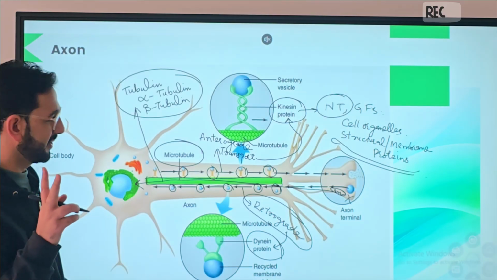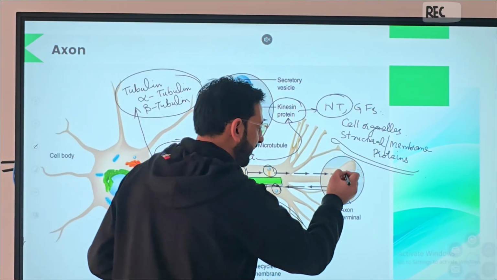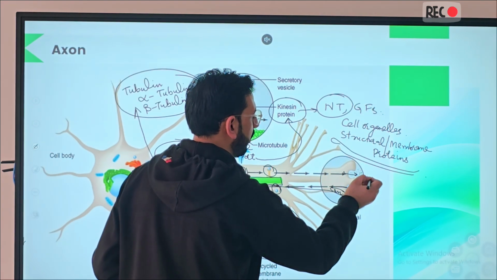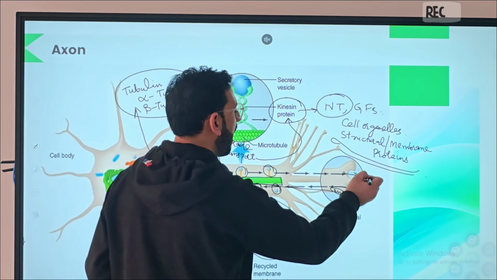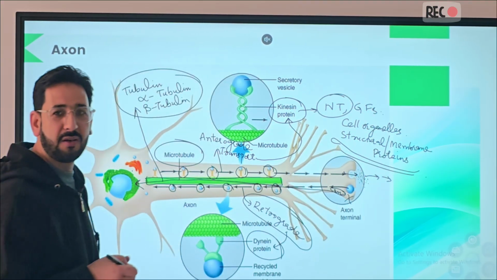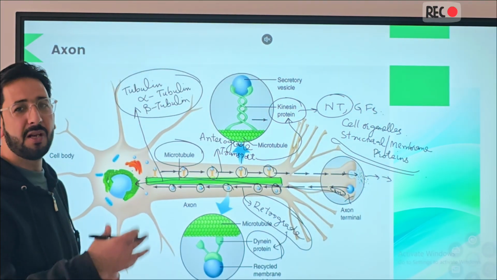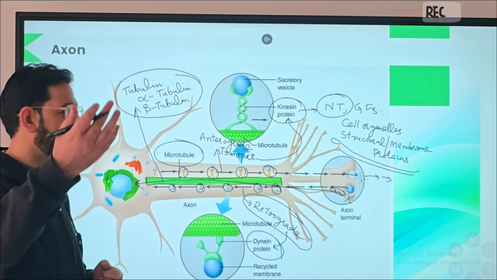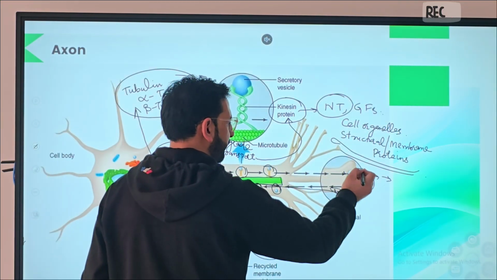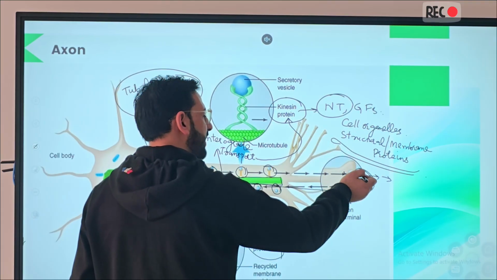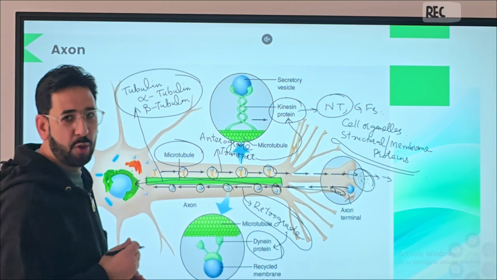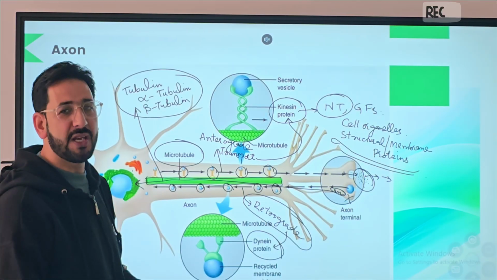The second important thing: when we secrete the neurotransmitter here, after it has performed its function on its effector or target, it can be another neuron, a muscle, or a gland, whatever it is, it has done its function. Now we need to take this neurotransmitter away from this space in order to prevent repeated stimulation.